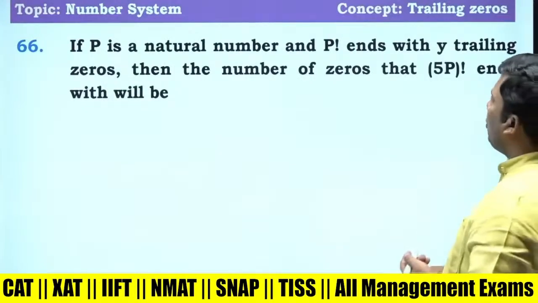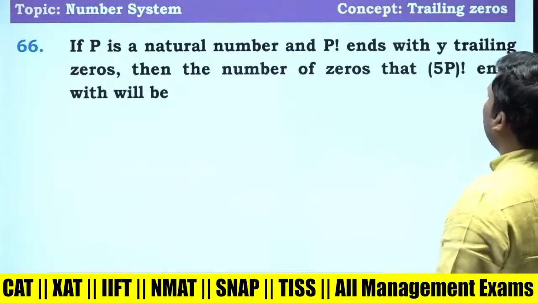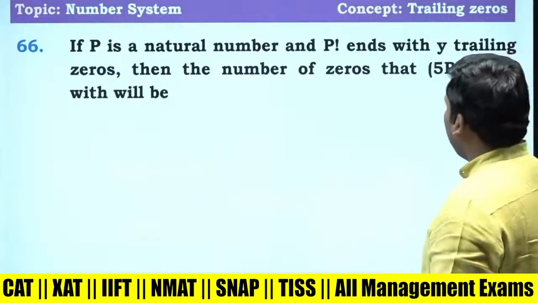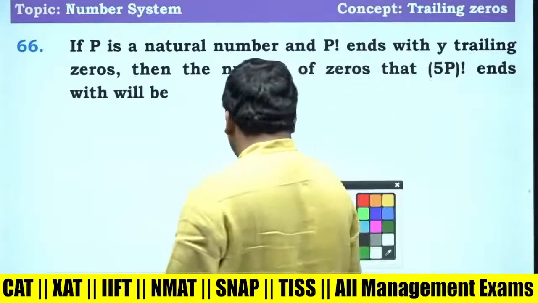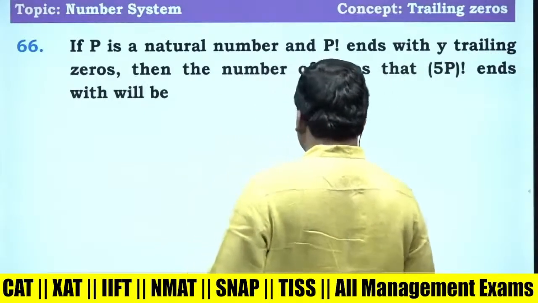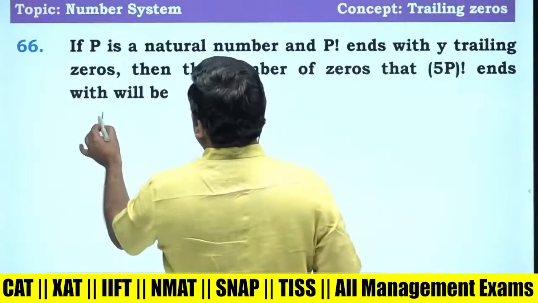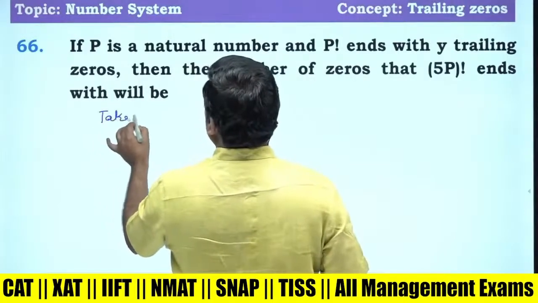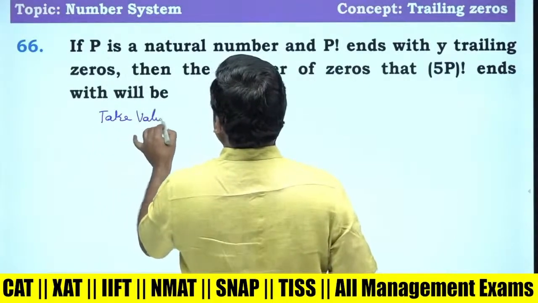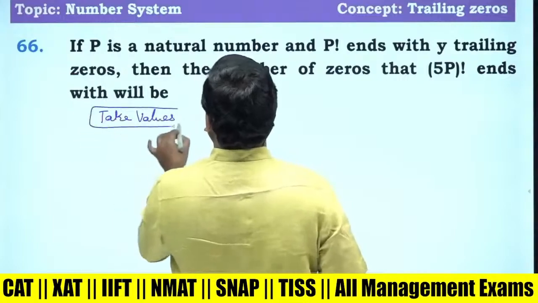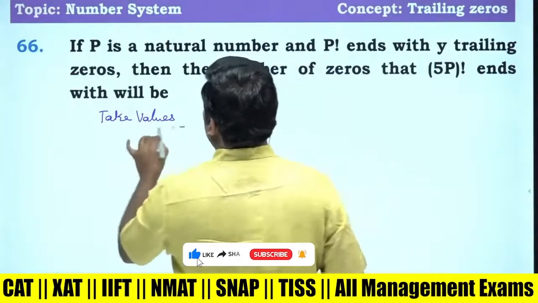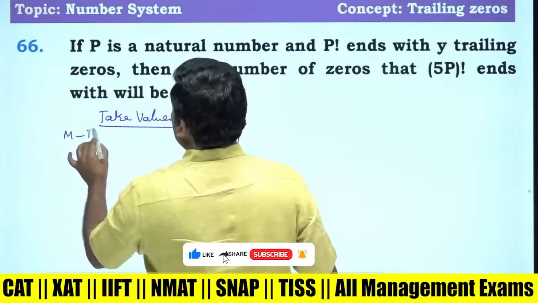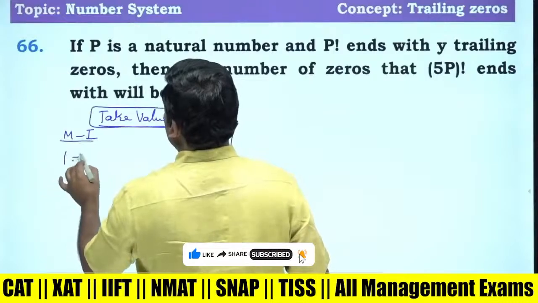P is a natural number. P factorial ends with Y trailing zeros. The best way to solve this question is to take values. This is method number 1. Suppose I take P as 100.